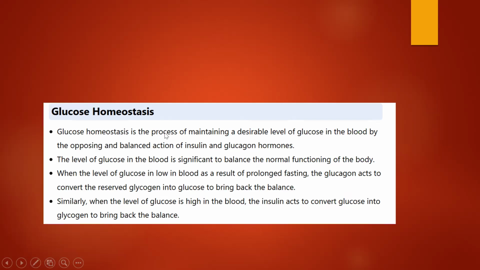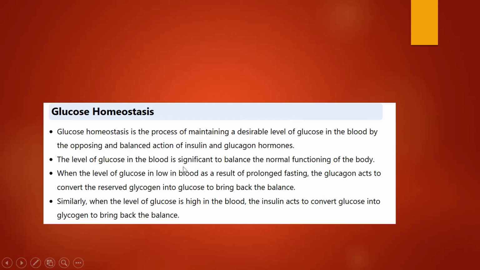Glucose homeostasis is the process of maintaining a desirable level of glucose in the blood by the opposing and balanced action of the hormones insulin and glucagon. These two important hormones act alternately: insulin works and then glucagon works to maintain the glucose level. This is called homeostasis.